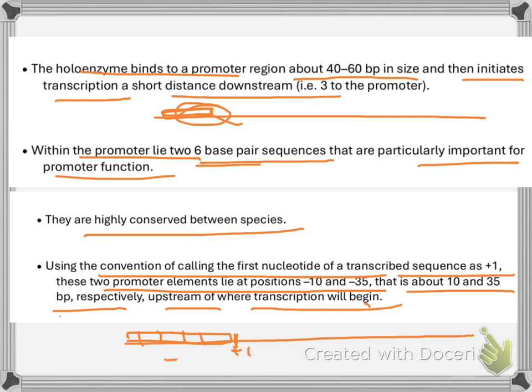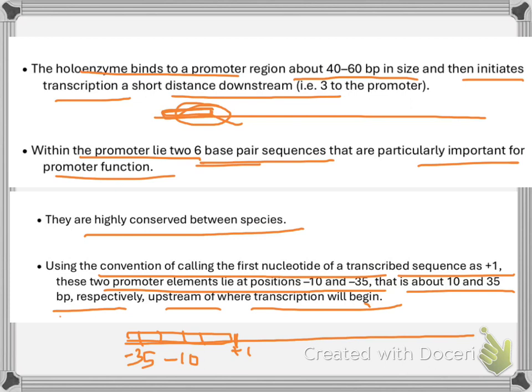The -10 sequence is 10 base pairs upstream, and the -35 is 35 base pairs upstream from the transcription start site.